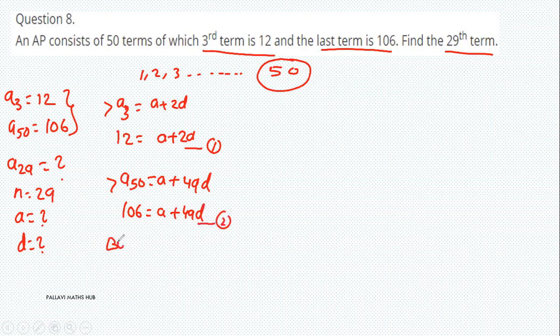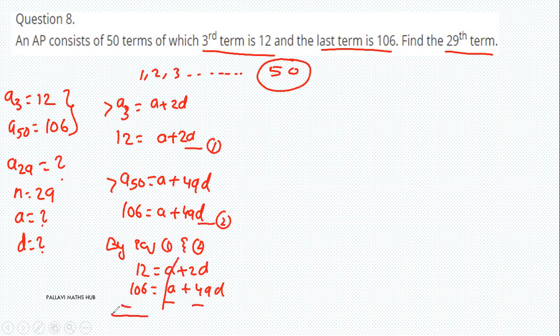So by equation 1 and 2, find the value of a and d. 12 is equal to a plus 2d. Next, 106 is equal to a plus 49d. Next step, subtract. Plus a minus a gets cancelled.